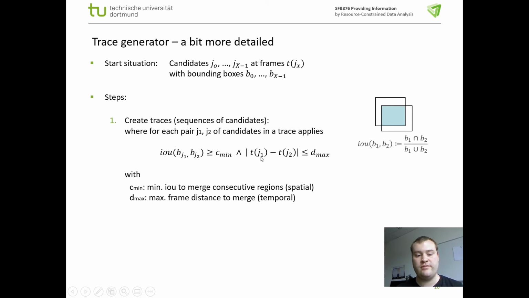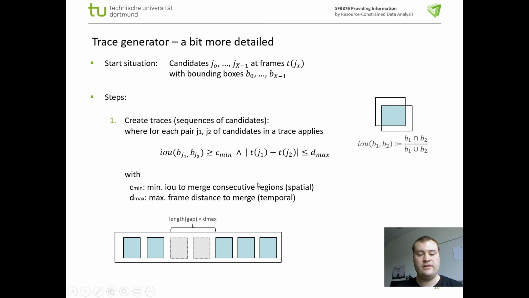So if the frame of J1 and the frame of J2 are close together. This closeness value is meant to bridge some gaps. So if we have a long trace of particles lying at the same position and there are some missing frames in between, we tolerate them as we see that there can be errors in the processes before.